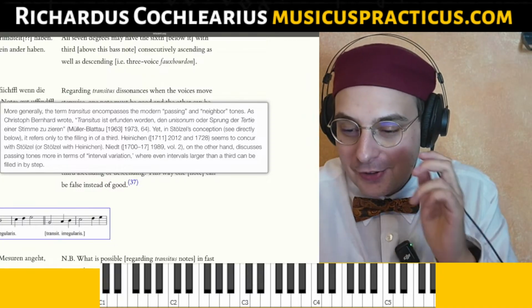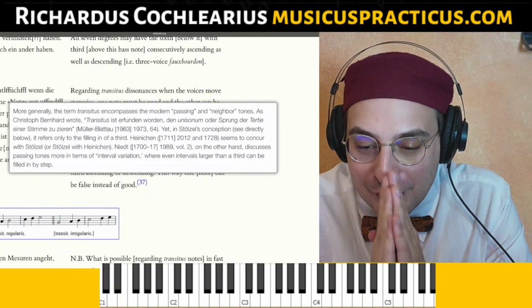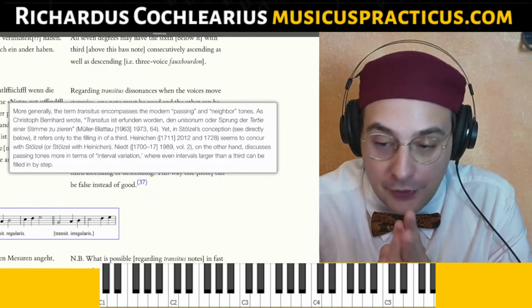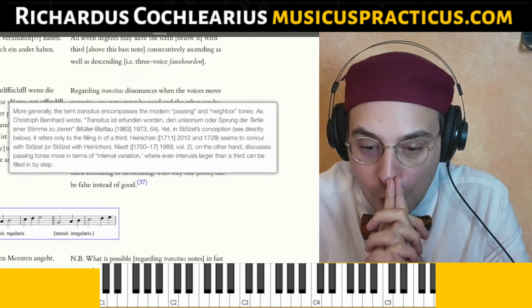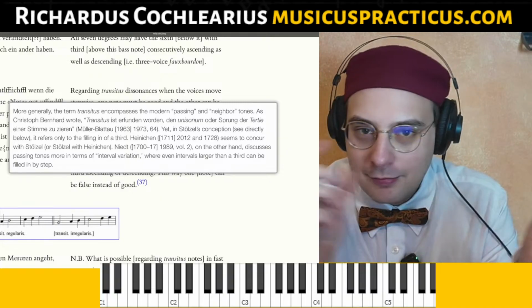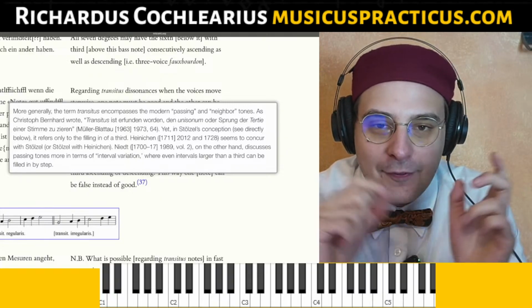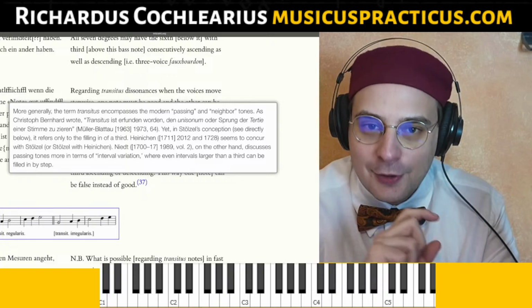Now, okay, let's continue. Yet in Stölzel's conception, see directly below, it refers only to the filling in of a third. Heineken, which is not the beer, seems to concur with Stölzel, or Stölzel with Heineken. Same, if Maometto doesn't go to the mountain, the mountain goes to Maometto.